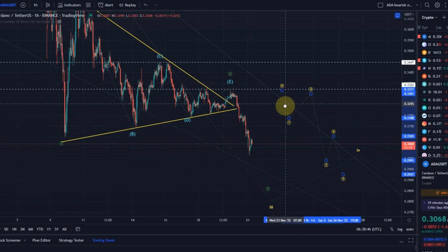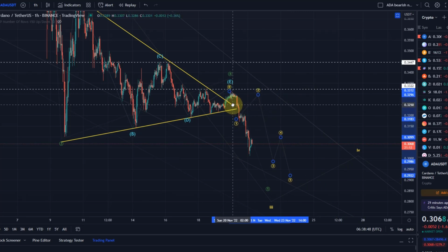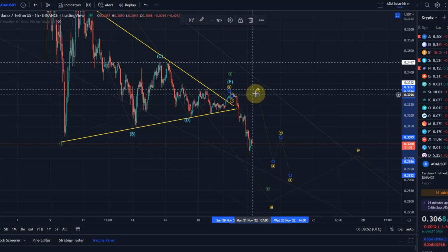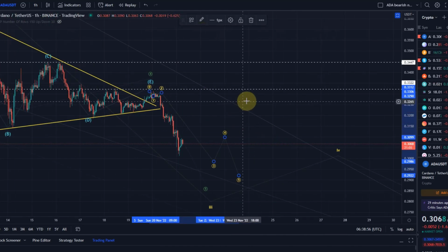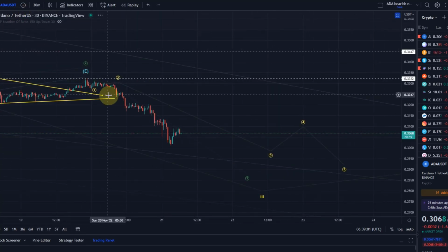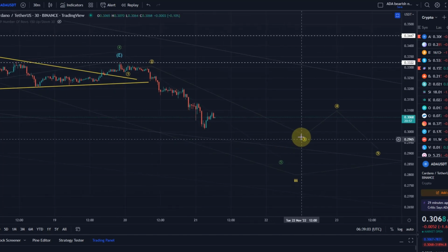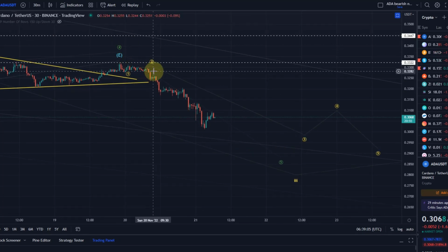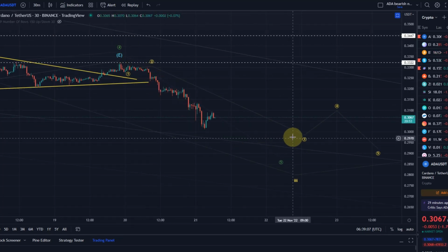If we look at wave 5, I'm going to label this now as follows: 1, 2, 1. And this was wave 2 up here. We came down, and it's a bit tricky here. I have to go to the 30-minute chart for that. I would say 1, 2, 3, 4, 5.